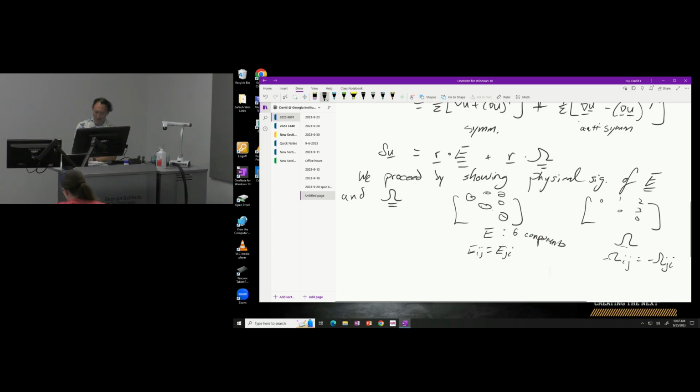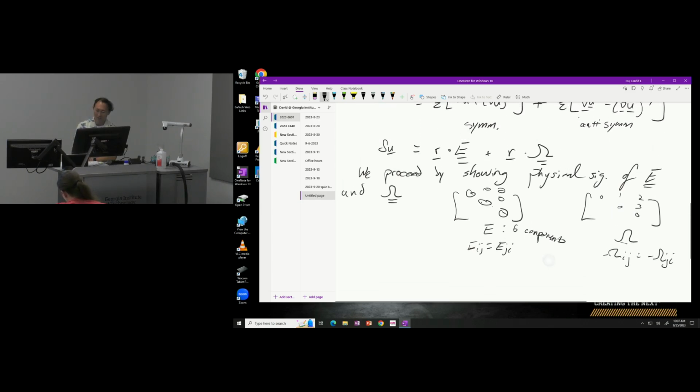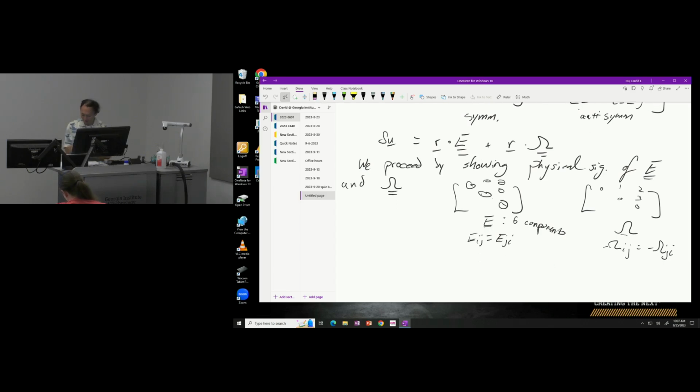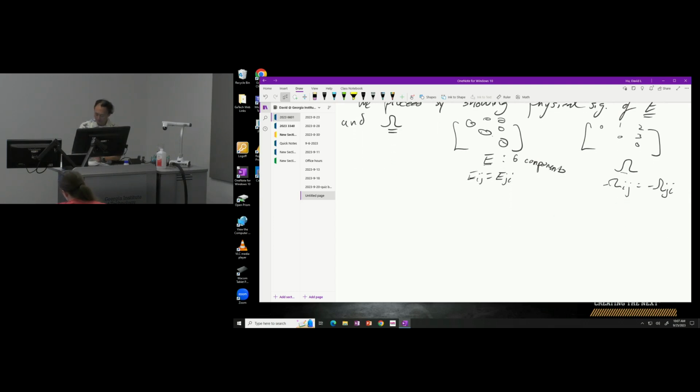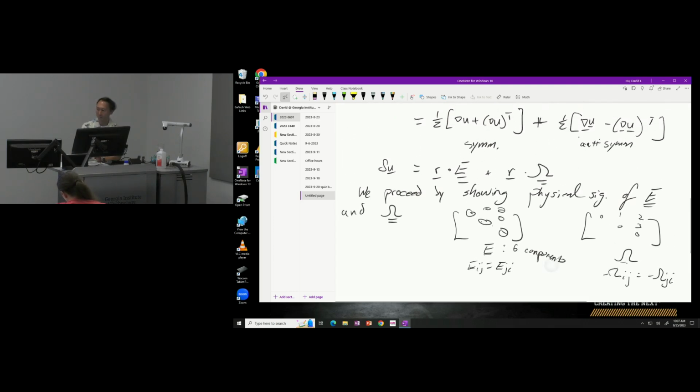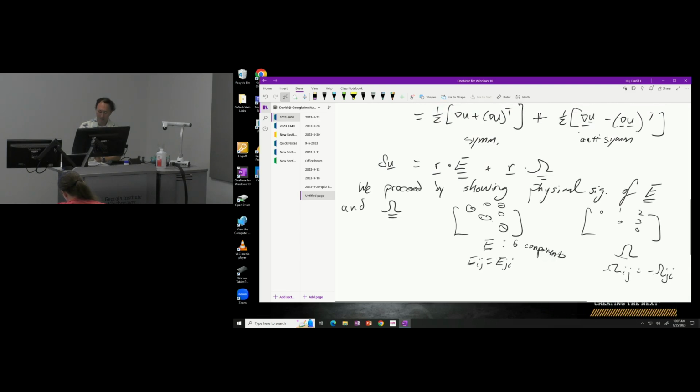But how much the vorticity changes is a function of E, how much strain you have. They get interplayed once we derive the vorticity equation. Questions? Is that okay?